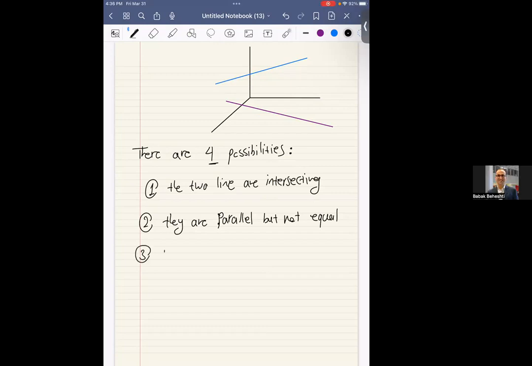Third possibility is that they're equal, so they're the same line, or identical. And the fourth and last possibility is that they are skew.